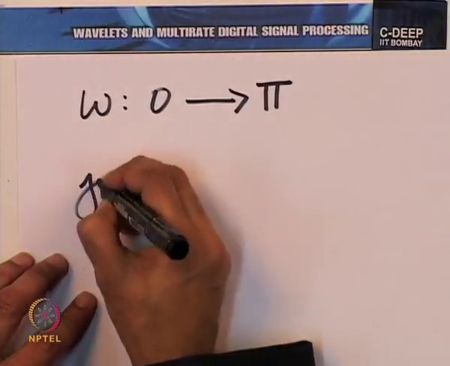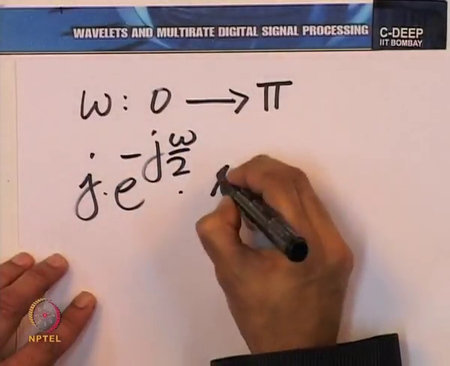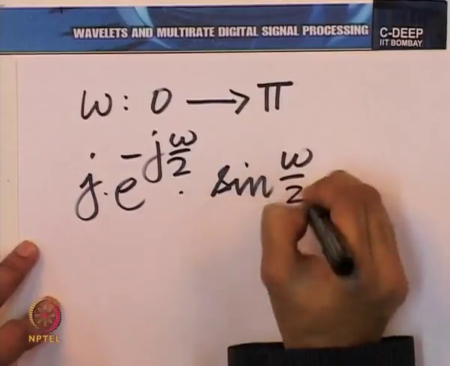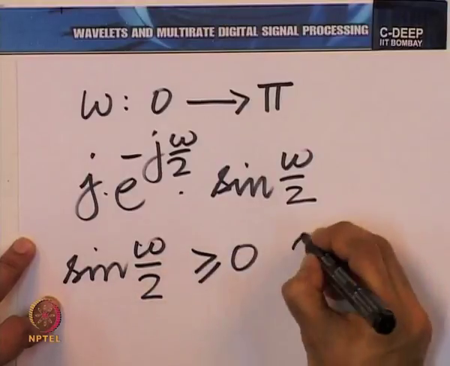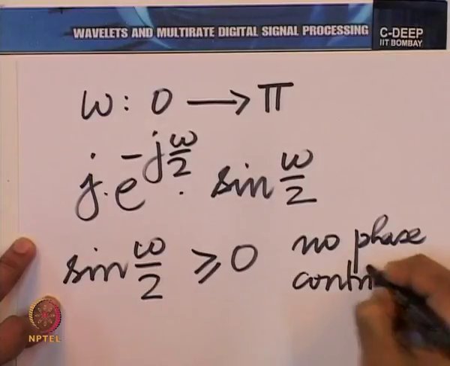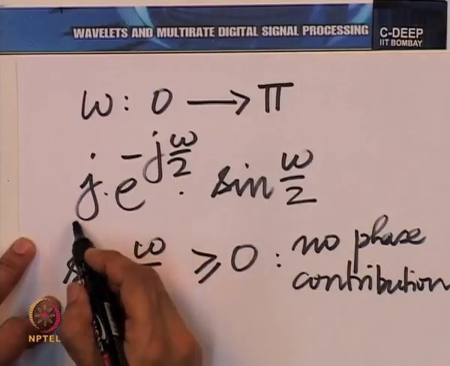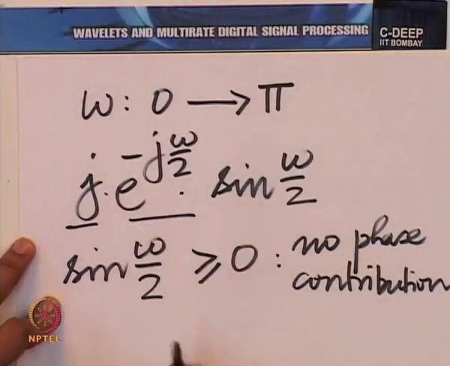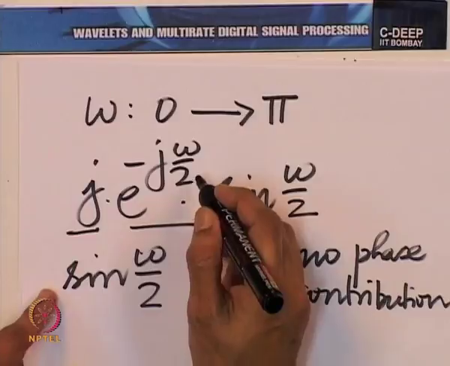And let us look at the frequency response expression, j e raised to the power minus j omega by 2 times sin omega by 2. Sin omega by 2 is non-negative. So, no phase contribution here. However, both this term and this term have a phase contribution. In fact, the phase contribution is 90 degrees or pi by 2 from here and minus omega by 2 from here.